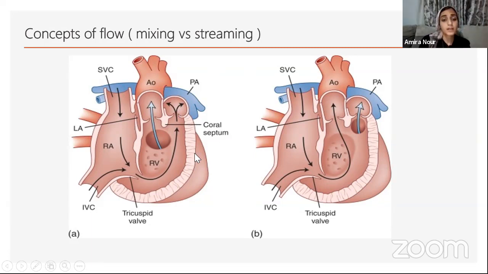For example, this is an illustration for a patient with double outlet right ventricle, and he is having a subaortic VSD. As we said, the VSD is the only outlet for the left ventricle, so the 100% oxygenated blood will be pumped from the left ventricle through the VSD directly into the aorta.